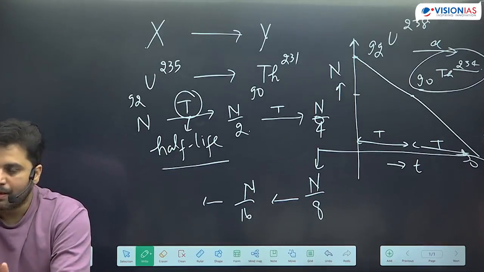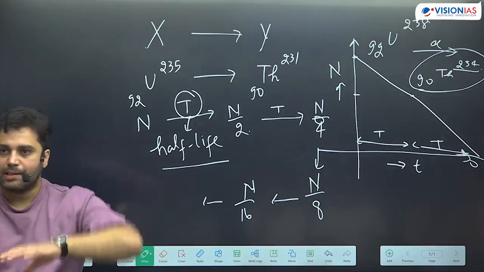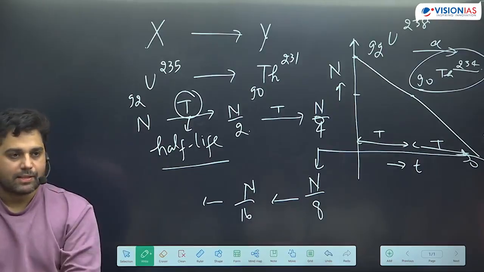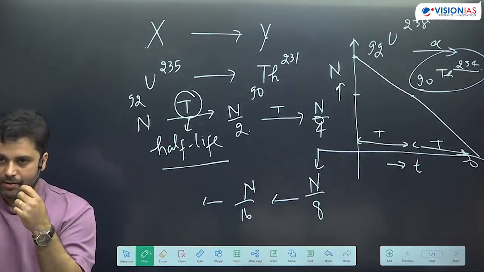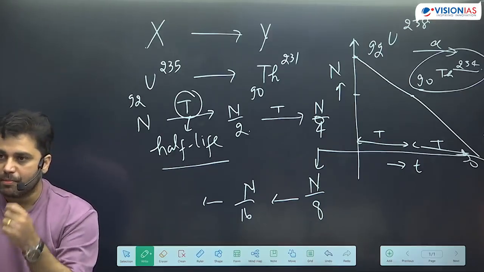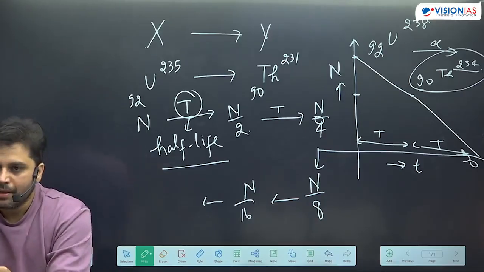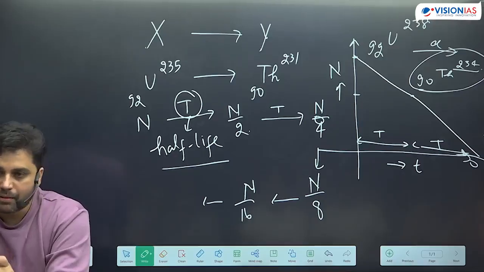And in a lab condition, I will start with some stable nucleus, and I will bombard them with some very high energy particles, and this will lead to a nuclear reaction. And because of this nuclear reaction, we will be able to produce a radioactive nuclei. So there are many radioactive nuclei we can produce into lab.